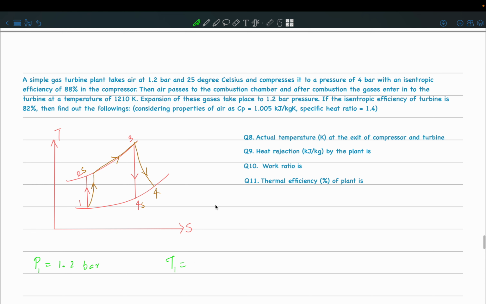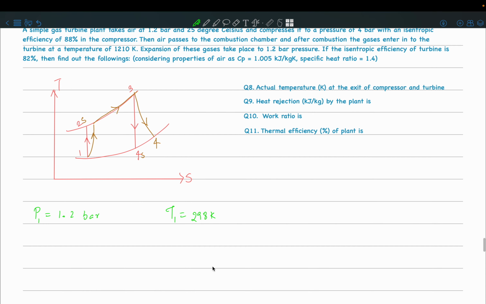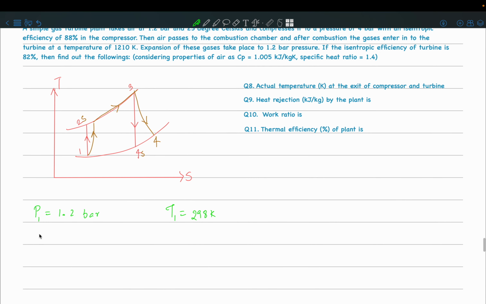You can write it in kelvins, which is 298 Kelvin. And then it compresses it to a pressure of 4 bar. So P2 is known to be 4 bar. So you also know the compressor pressure ratio.